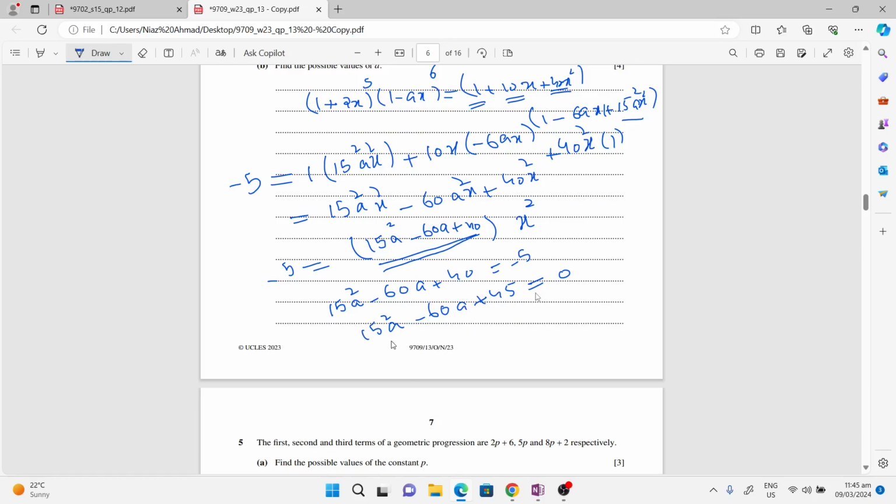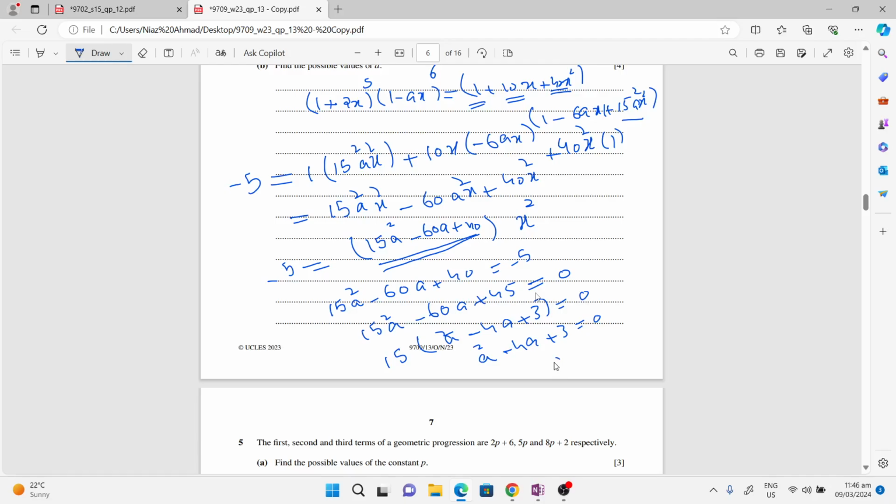When you take 15 common, the equation will be a square minus 4a plus 3 equals 0, since 15 becomes 0. So this is your final quadratic equation. Now you can do the middle term breaking. 15 has been taken common, so 3 ones are 3.